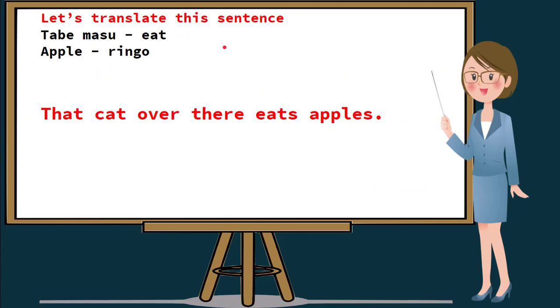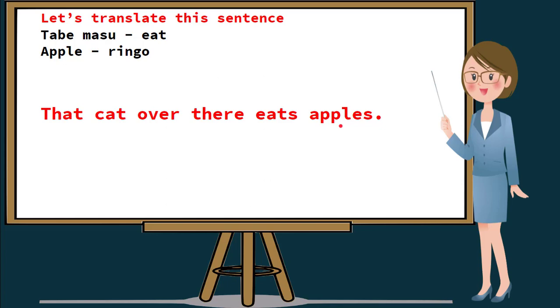Let's try to translate this sentence. For this sentence, we will be using tabemasu, meaning to eat, and we will also be using ringo, or apple. I'll be giving you 5 seconds to translate this sentence. That cat over there eats apples. I'll repeat the sentence. That cat over there eats apples.